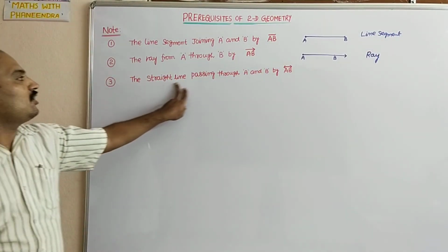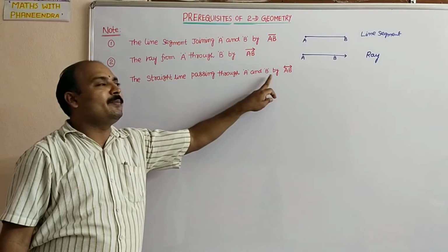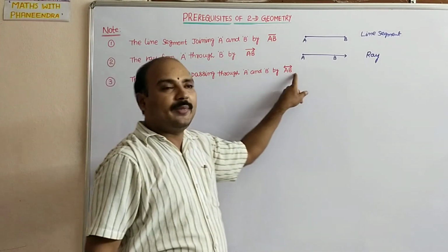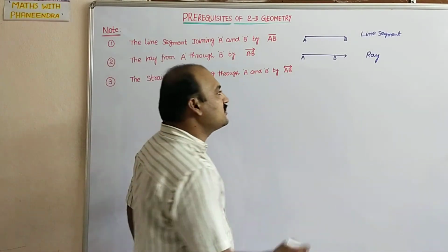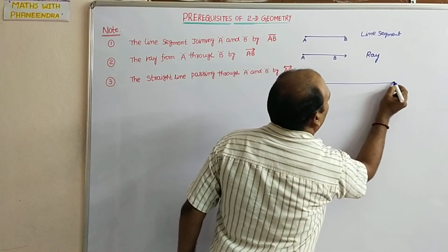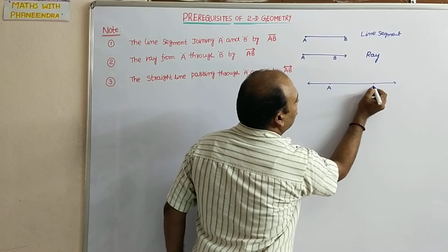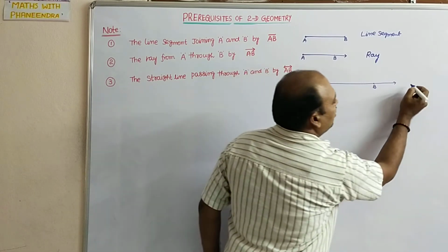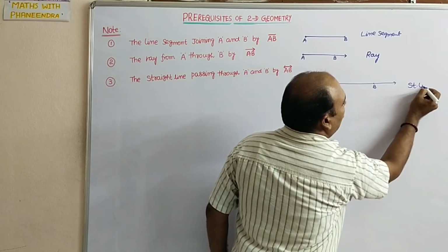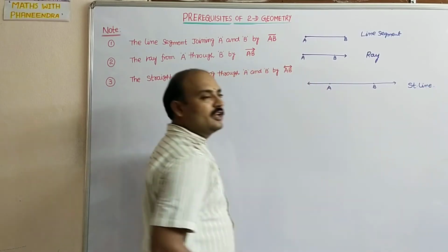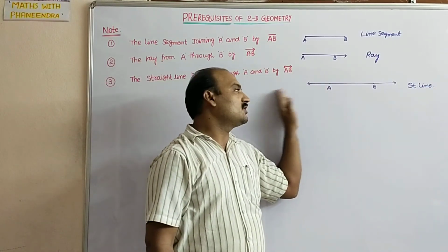Similarly, the straight line passing through the points A and B is denoted by AB. Both sides arrow marks mean there is no end at all. So here A point, here B point. This is a straight line. Simply I am writing ST line, straight line. There are no ends at all, from this side or this side.